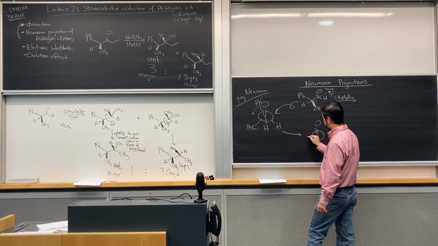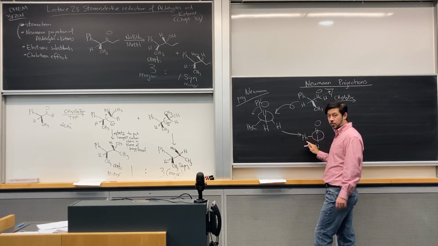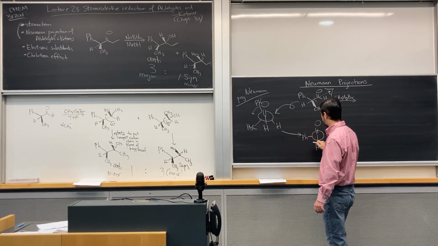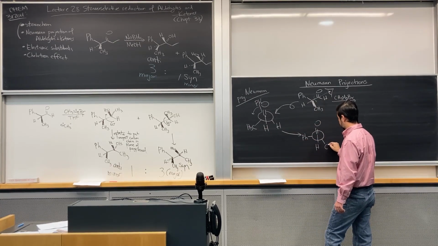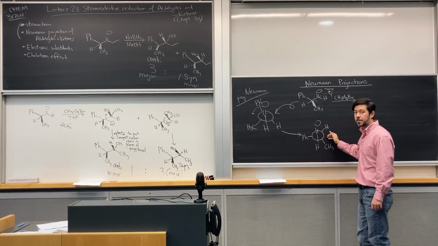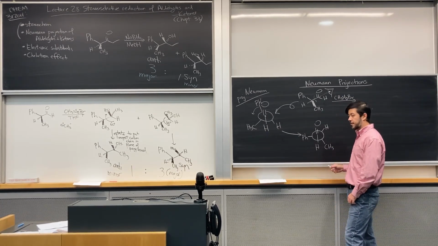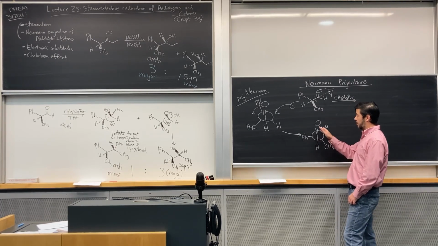The phenyl group will be over here. This methyl group will now be over here. And then this hydrogen will be up here, all right? So we've placed the large group 90 degrees away from the carbonyl group.